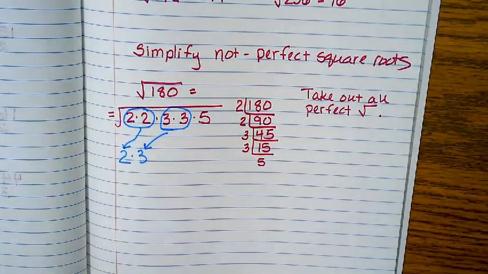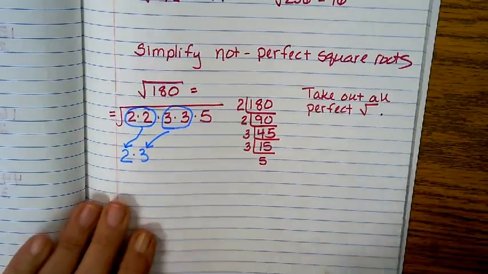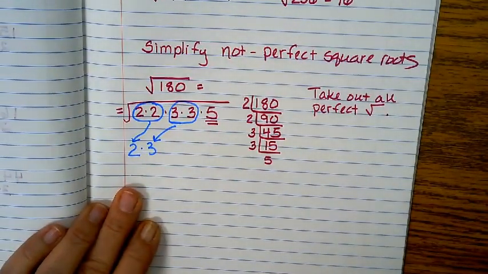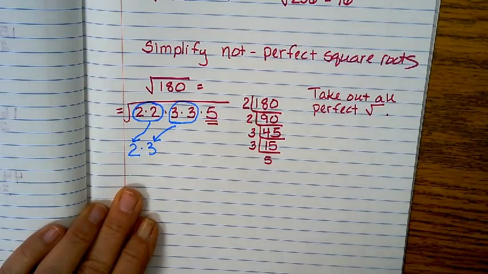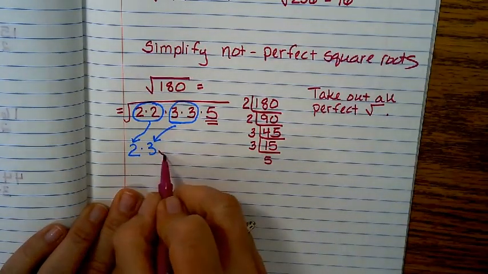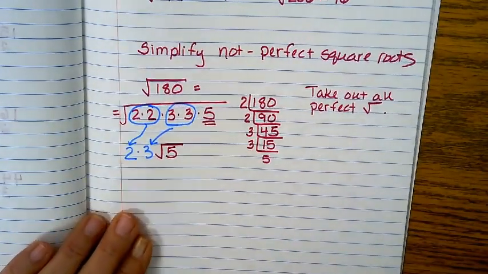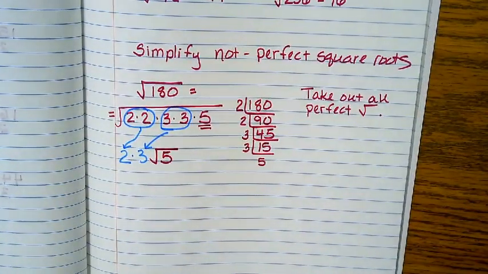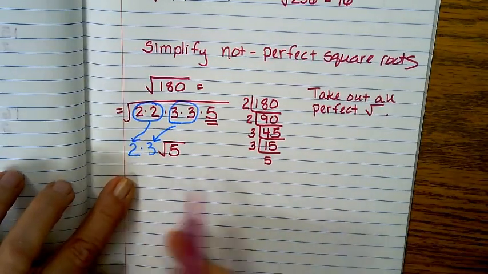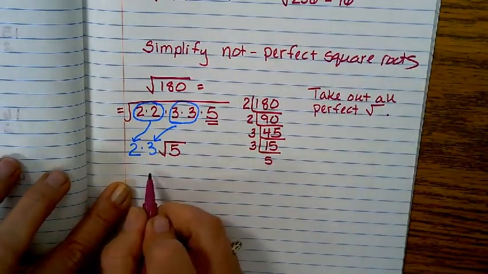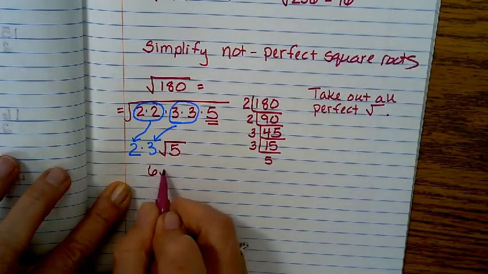Now, the 5 doesn't have a pair. It's not a perfect square root. It stays under the square root. So now those 2 that were out in front, 2 times 3, we can multiply those together, and that becomes 6 square root of 5.